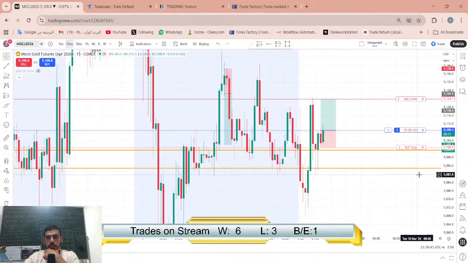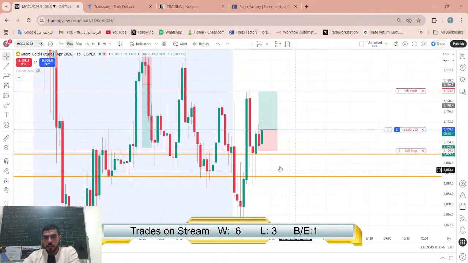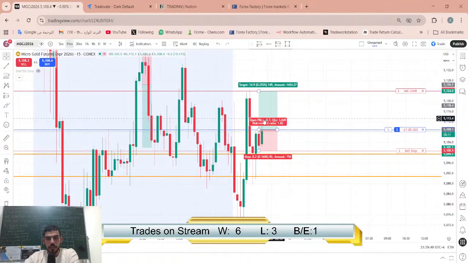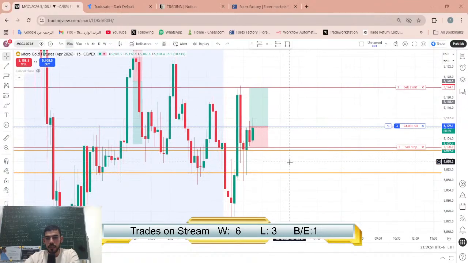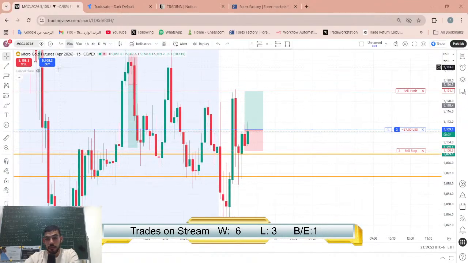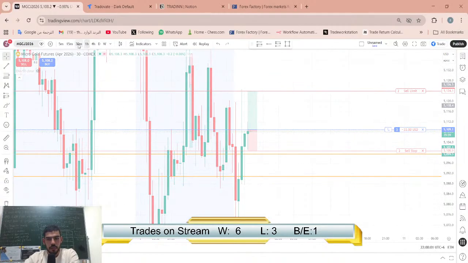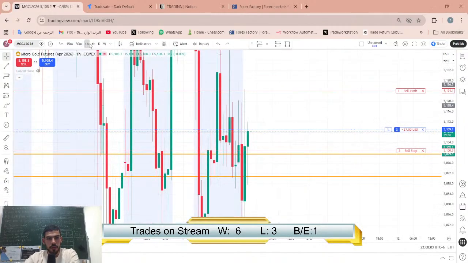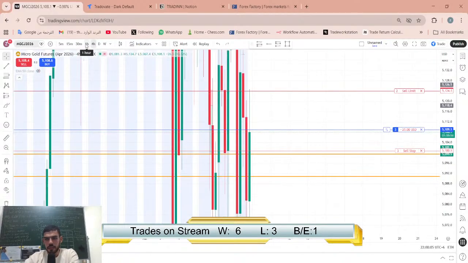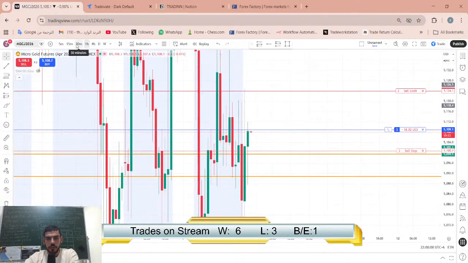Okay, so let's see if this 15-minute candle can close like this. It looks actually really good. Okay, the 1 hour closed. Not bad. 1 hour closure.